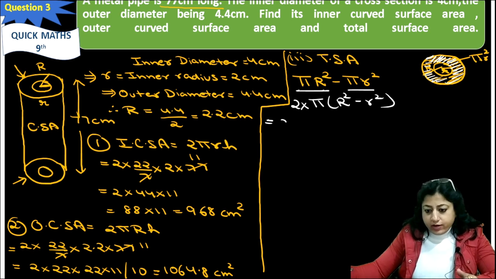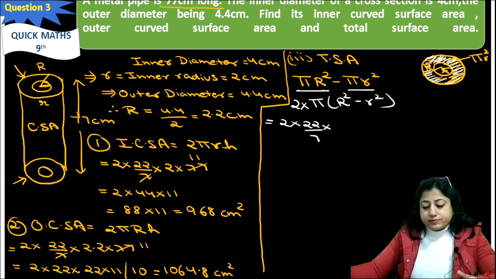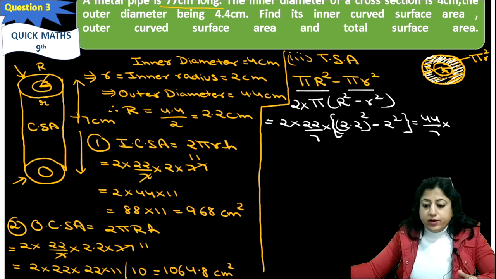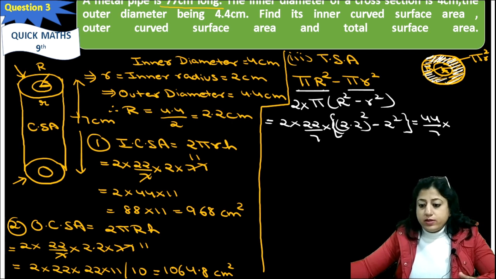Now it will be 2 into 22 by 7 multiply capital R square, 2.2 square, minus r square, 2 square. So this will be 44 by 7 multiply 22 square.